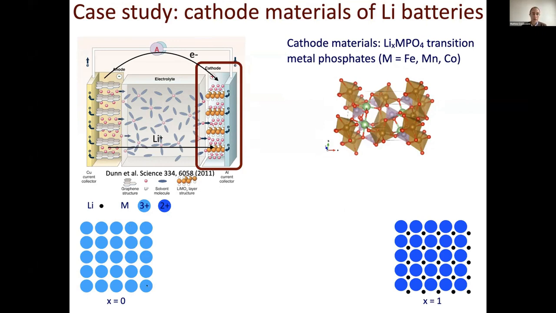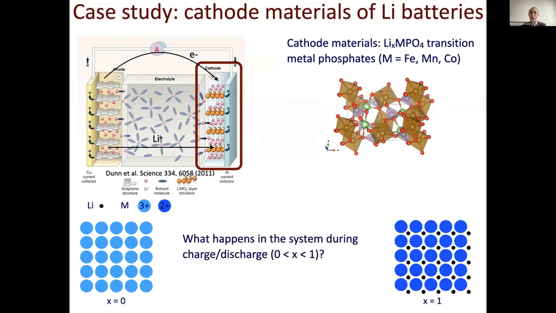Okay, so we start from a situation like this where we have the fully charged battery and the fully delithiated cathode material, with all light blues and no lithium in the structure. We end up, when the battery is fully discharged, with all the lithium in the cathode and all the transition metals in the 2+ states. These little balls actually represent lithium, nominally plus.